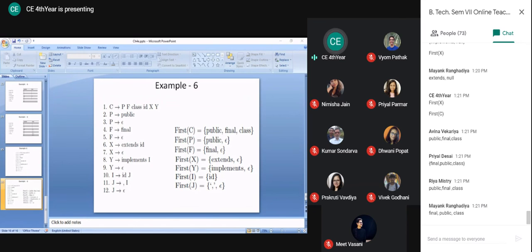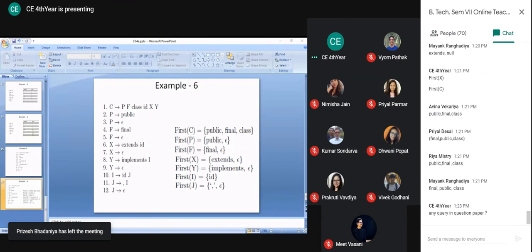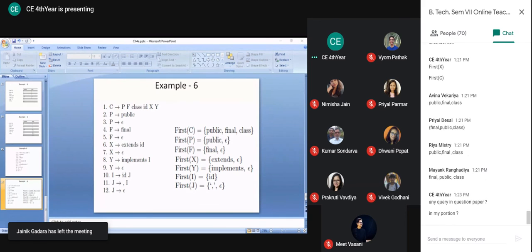Now, can you tell me, have you faced any difficulty in the question paper? Any query in the question paper? Was it lengthy?